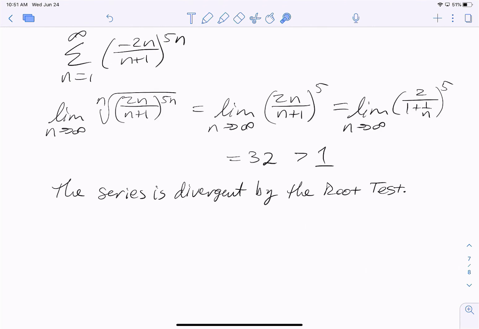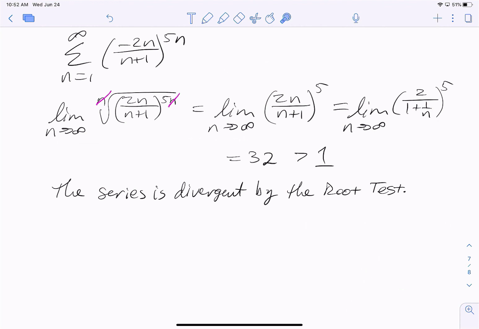Putting the absolute value of our expression into a limit statement and a root statement, we've got the limit as n approaches infinity of the nth root of the quantity 2n over n plus 1 to the 5n power. As we saw before, the n index will cancel the n in the exponent. Yay for the root test there.